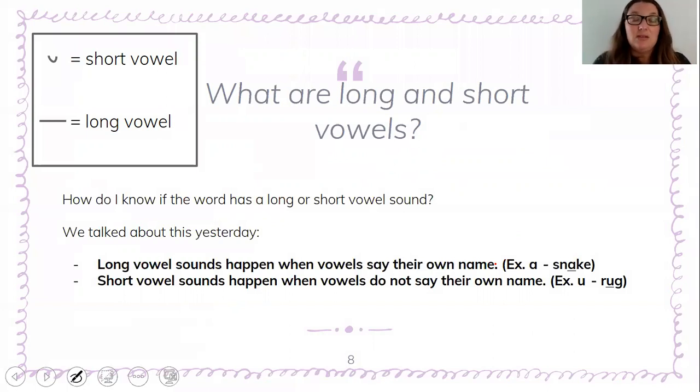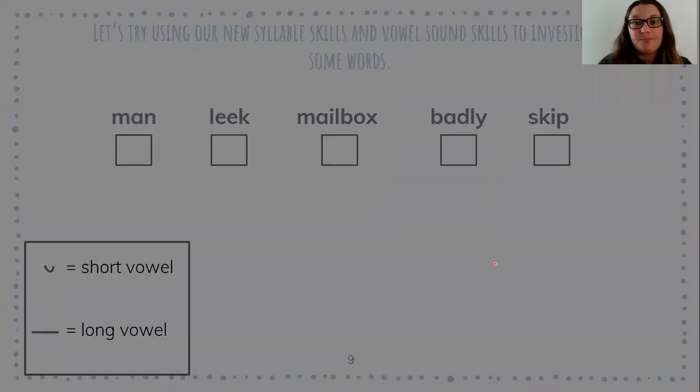So the sounds are A, E, I, O, U. If it's not one of those sounds, it's a short vowel sound, okay? So an example of a long vowel sound is the A in snake. So we hear snake, okay? And a short vowel sound example we have here is rug. So it's not rug, it's rug, ugh. So that's a short vowel sound, okay? So remember that we talked about that yesterday.